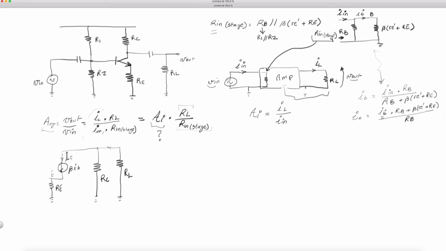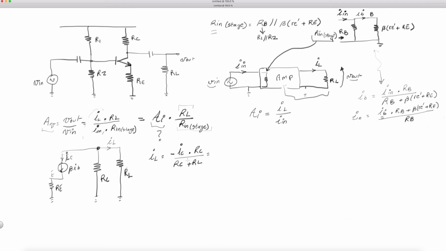Now, the current IL is what feeds the load. And we could use here also the current divider rule, in which we evaluate IL. So IL is going to be equal to minus IC, notice because it's in the other direction, times the other resistor, RC, divided by the sum of the resistance, RC plus RL.